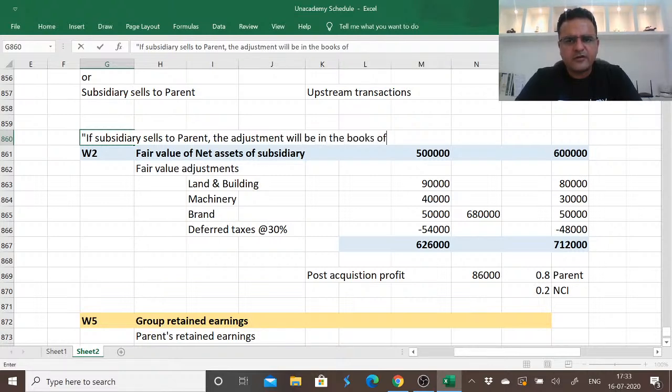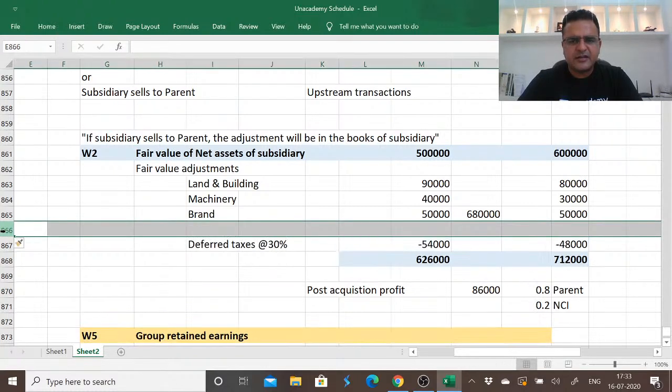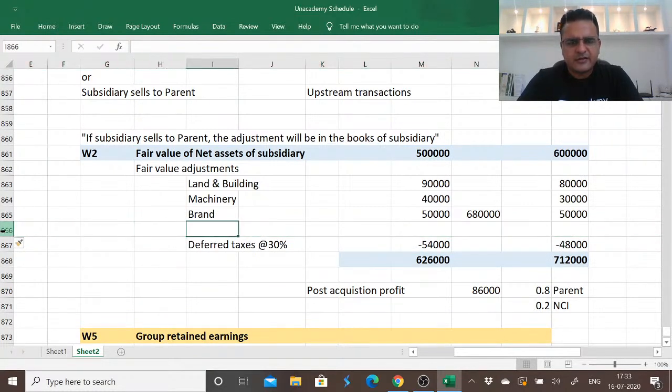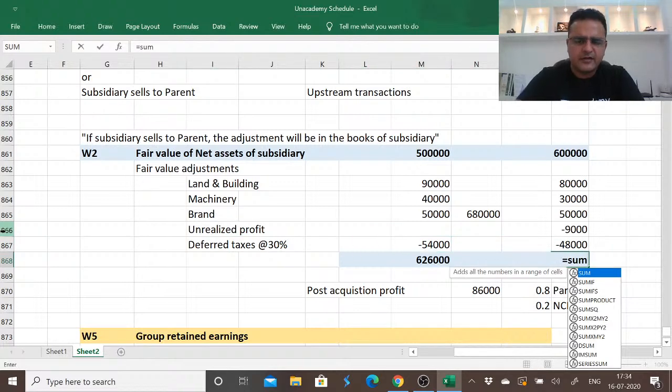in the books of the subsidiary, which is actually working note number 2. So we make the adjustment directly here. If there is any unrealized profit, say 9,000, that unrealized profit is directly deducted from these earnings on the date of the balance sheet, minus 9,000, and we are successful in dealing with it.